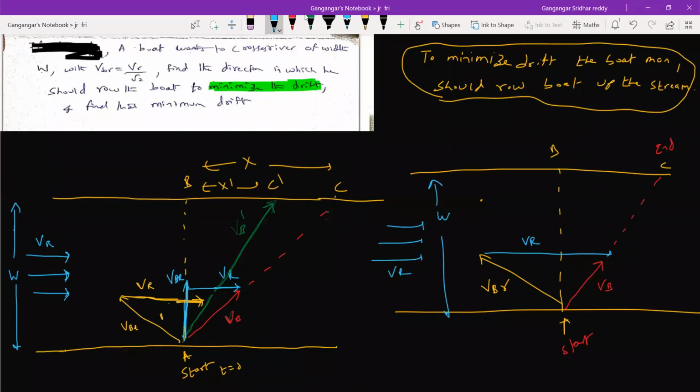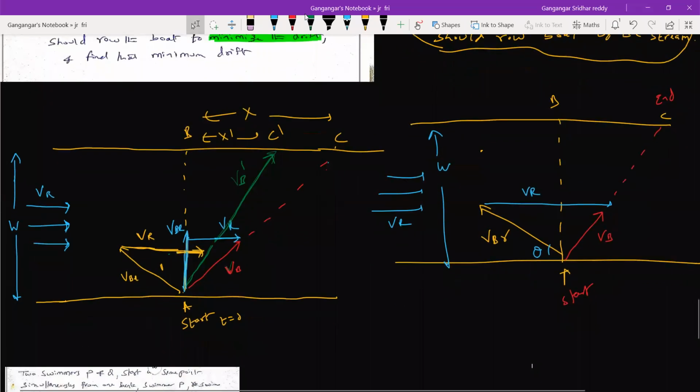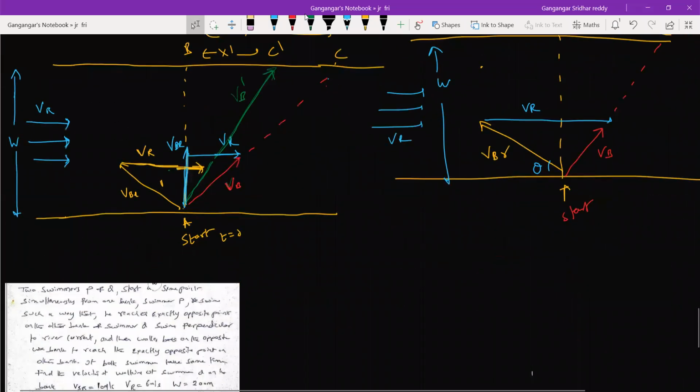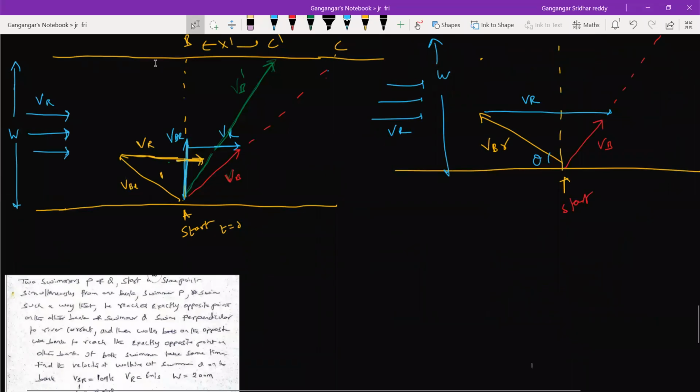This is the width. Let me take this angle as theta. Write down the equations now. What is the time taken to cross the river? What formulas should we use?